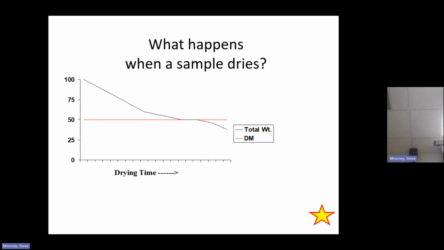We have the drying time across the bottom. And then say we start out with 100 grams of sample. We add heat to it. We start losing water. At some point, we'll come to a plateau for that temperature where all the water is driven off.